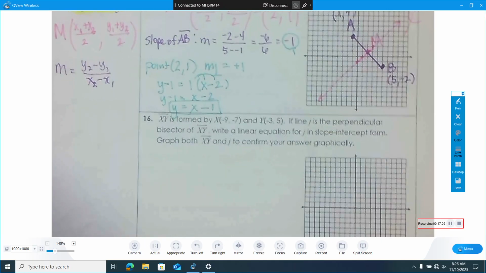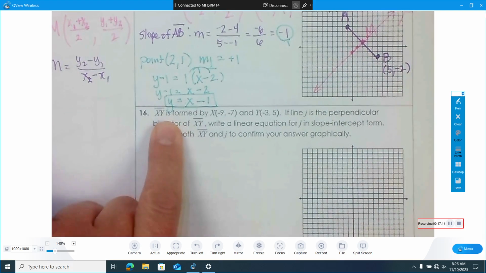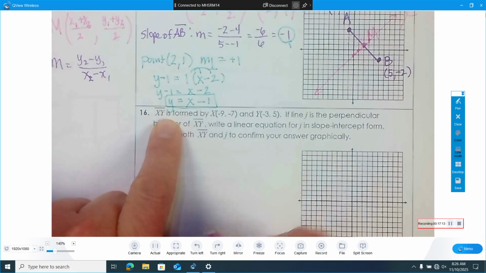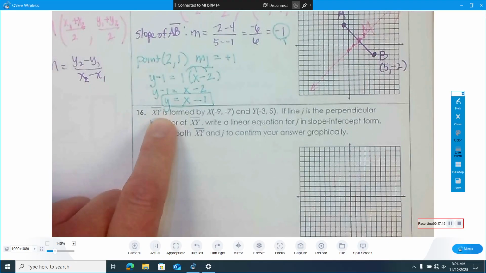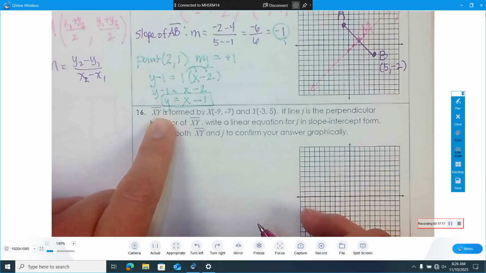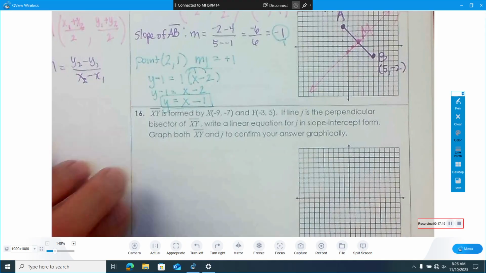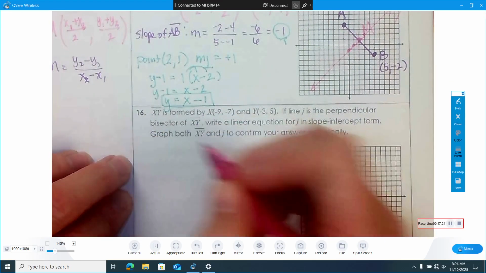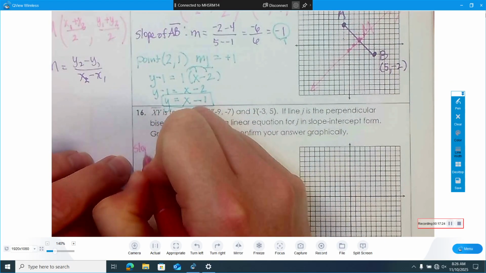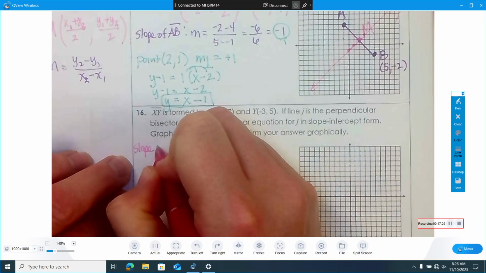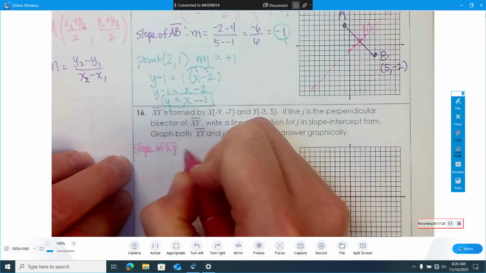All right. So we have segment XY. What do I need from segment XY? I need 2 things, actually. I do need the midpoint, and I also need the slope. So we're going to go ahead and find the slope of XY.